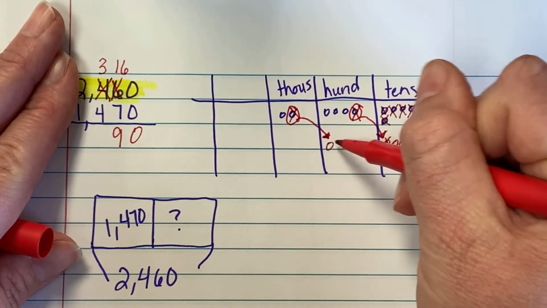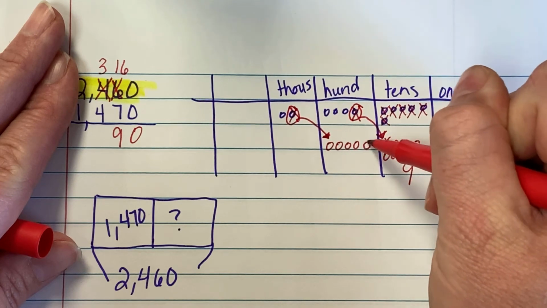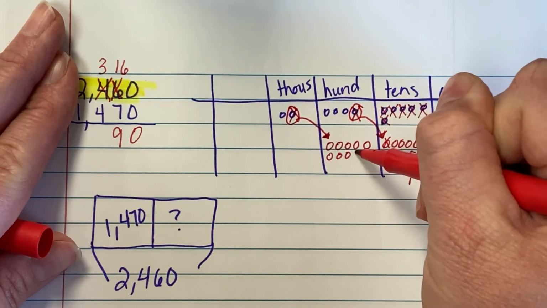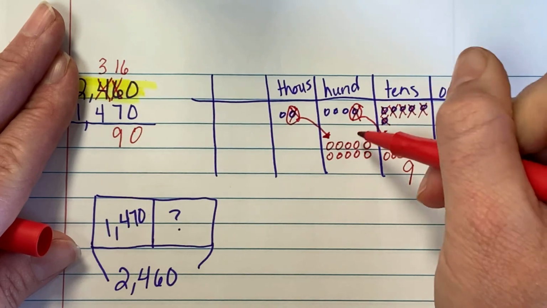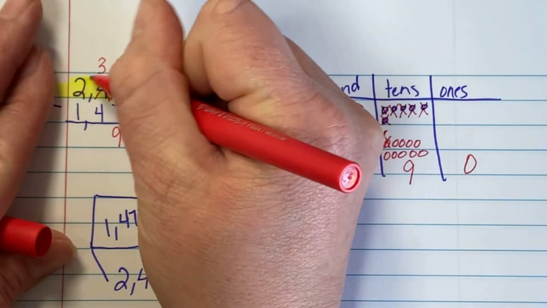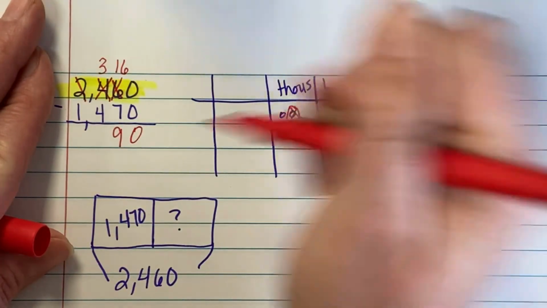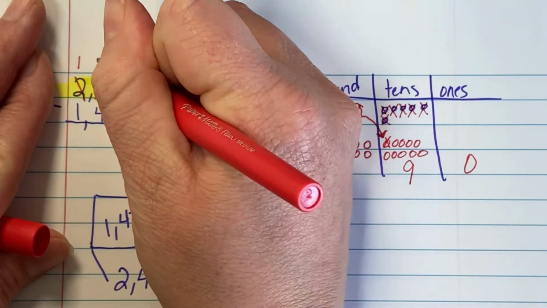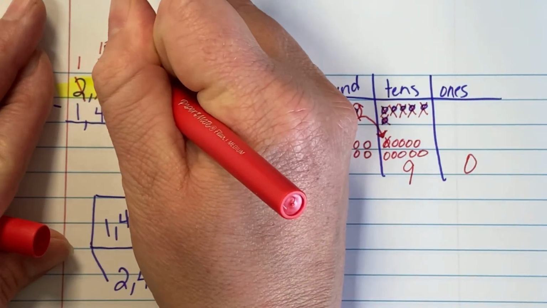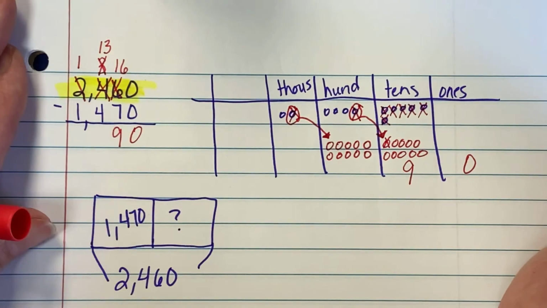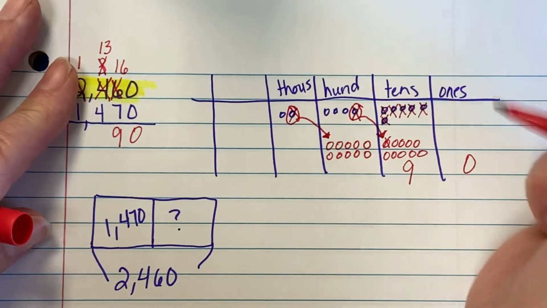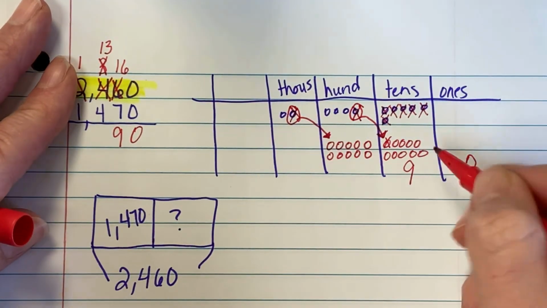And it's going to be 1, 2, 3, 4, 5, 6, 7, 8, 9, 10. So now that's a 10. So if I come over here, I have to take and regroup this. So now my 3 is a 13. My 3 is a 13 and my 2 is a 1 because of what I've done over here.